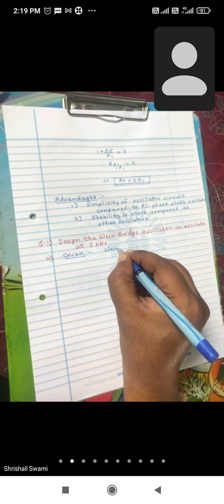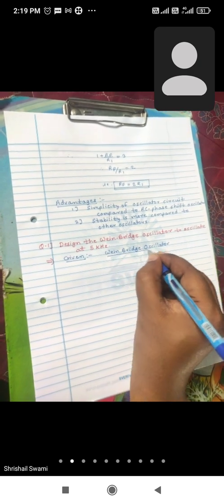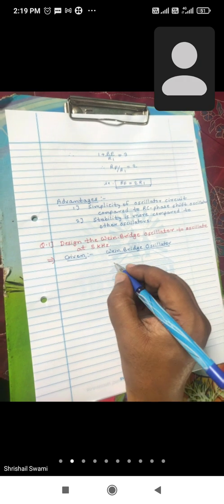So can we solve this example now? Given thing is what? We have to design the Wien bridge oscillator. Next thing is what? They have given the frequency of oscillation f0 is equal to 5 kilohertz.